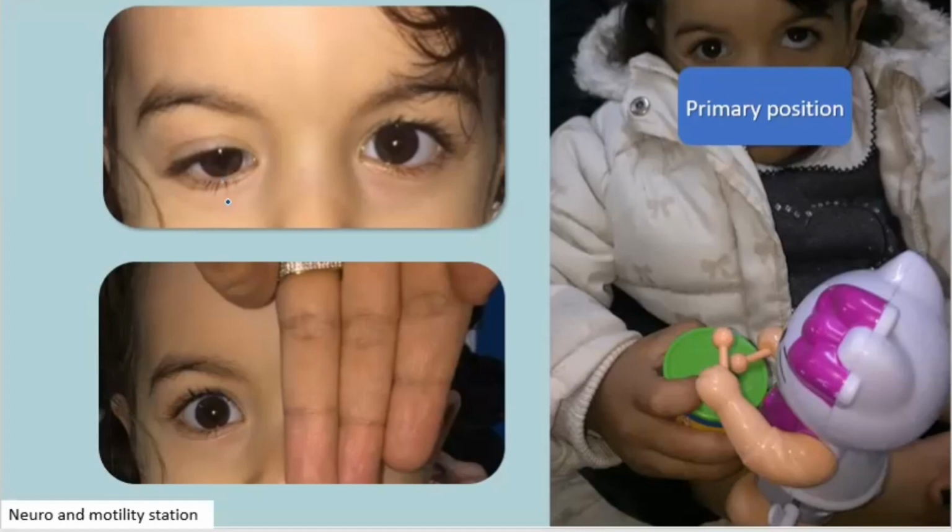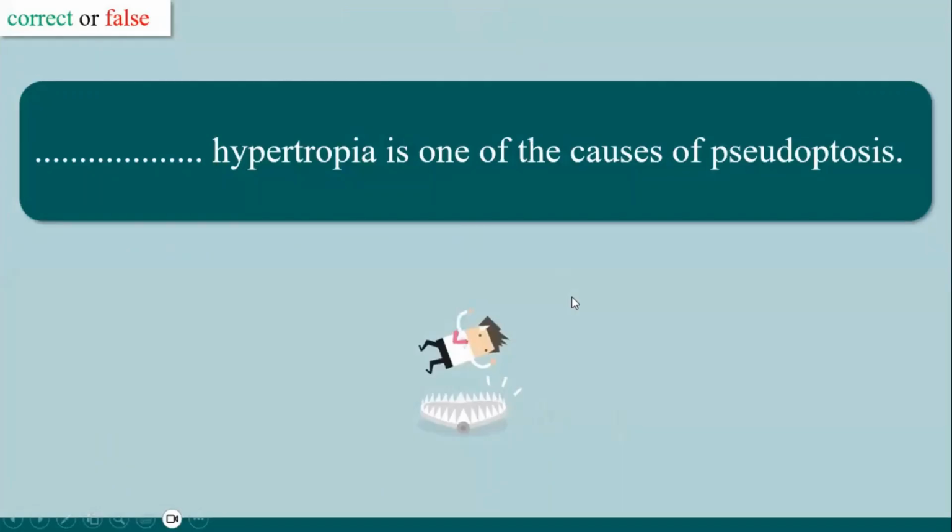This is a secondary angle of deviation, and also we have pseudoptosis. So this sentence could be true if we added contralateral hypertropia. But this is an advanced piece of information. We will say it in strabismus classes, but if someone asks you about the causes of pseudoptosis, you have to say ipsilateral hypertropia, and that's enough. Don't say contralateral hypertropia and so on, but this is just for you, it might help you in your practice.